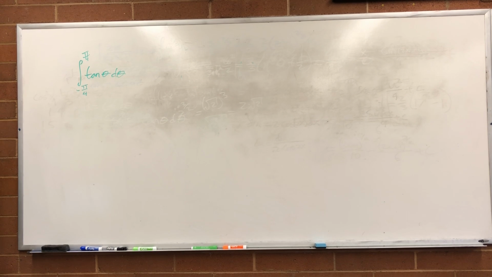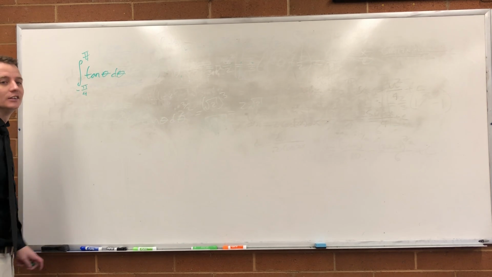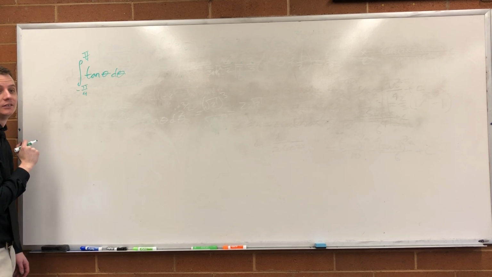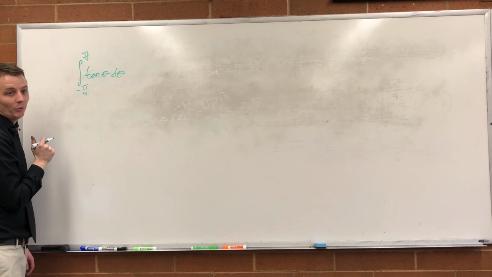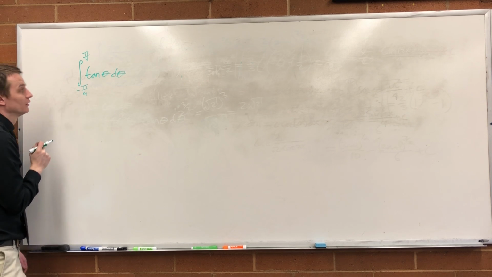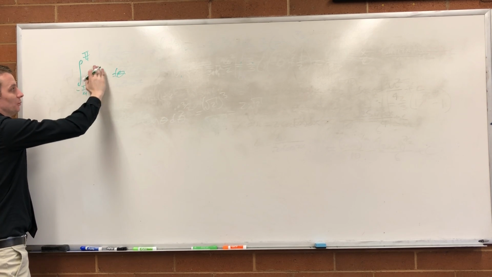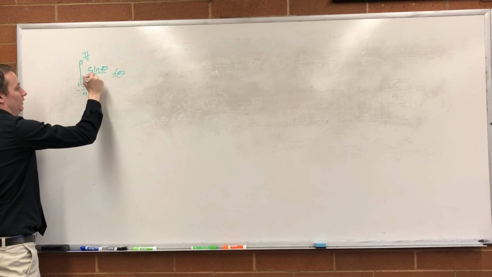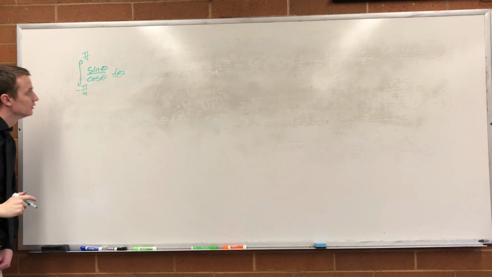We can figure it out with what you know. The author's being a little tricky. Anyways, tangent of theta. Okay, we're stuck, right? Well, what is tangent of theta? It's sine over cosine. So let's rewrite it as sine of theta over cosine of theta and see if we are still stuck.